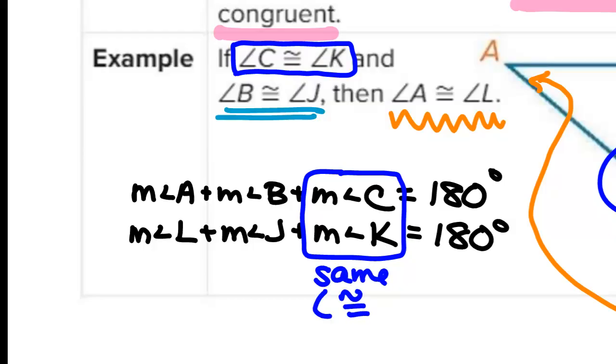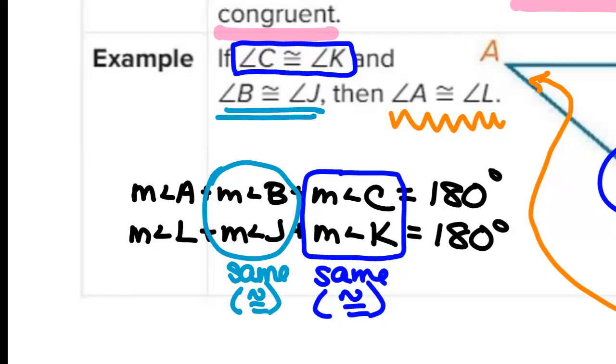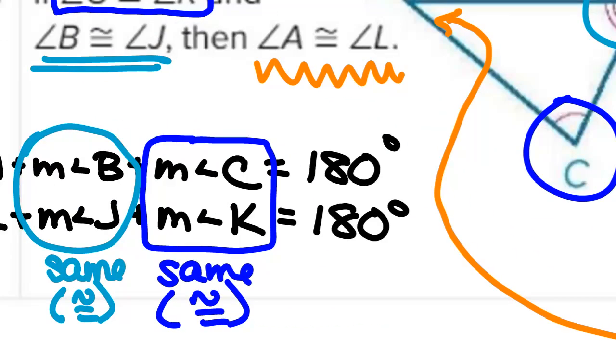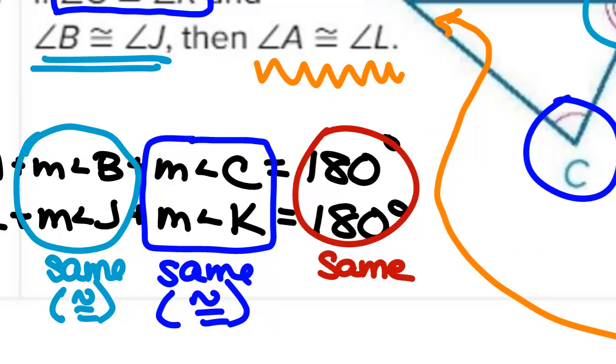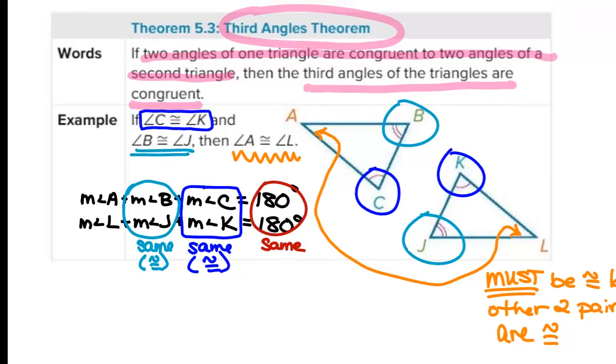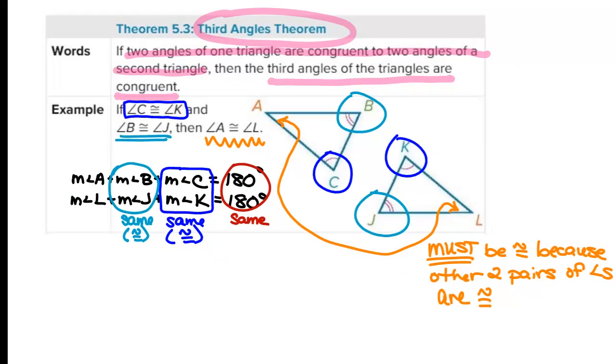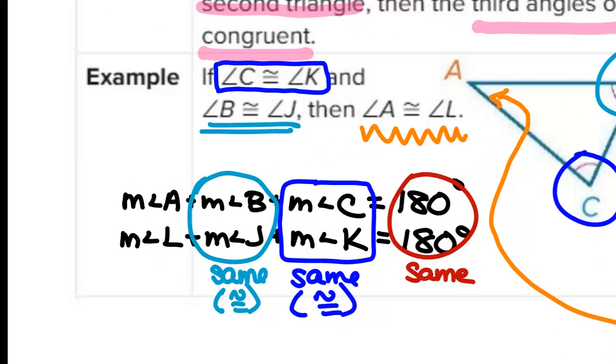They are congruent. We know from up above that B and J are the same. They are congruent. And we know that it comes out to be 180 and 180, which is also the same. So if this is the same, and this is the same, and this is the same, then it has to be true that A and L have to be the same.